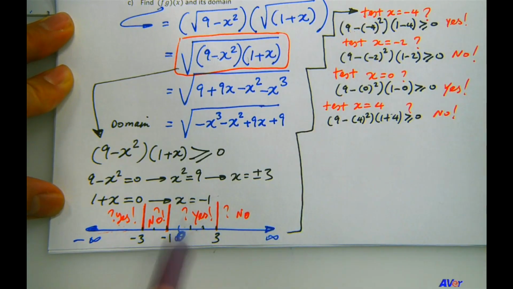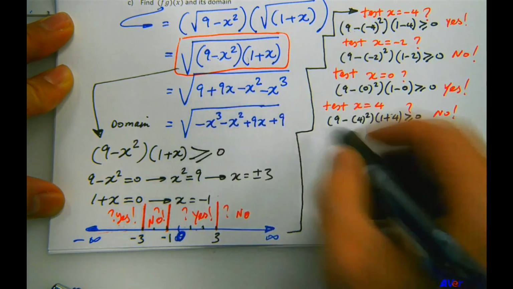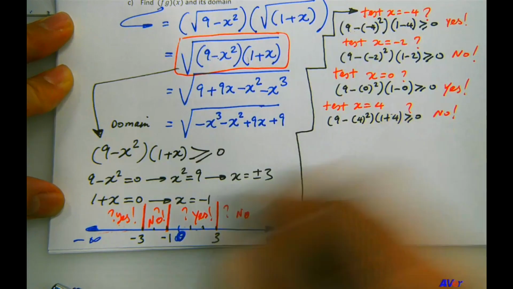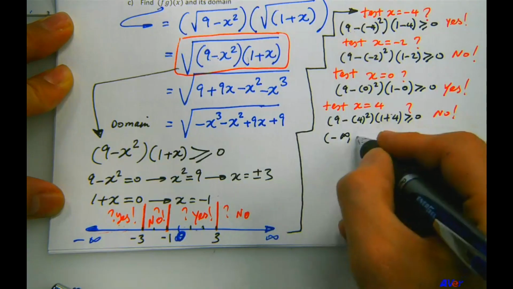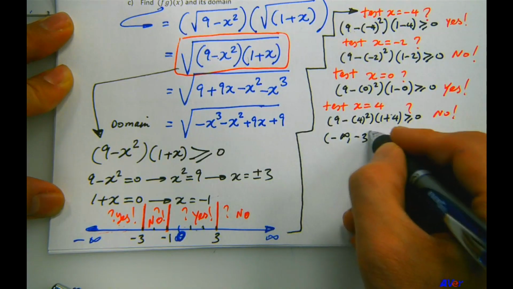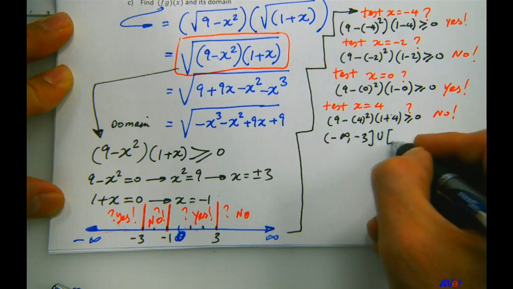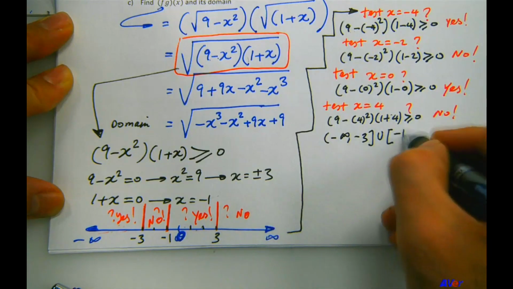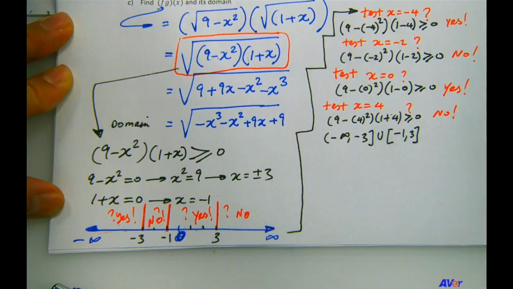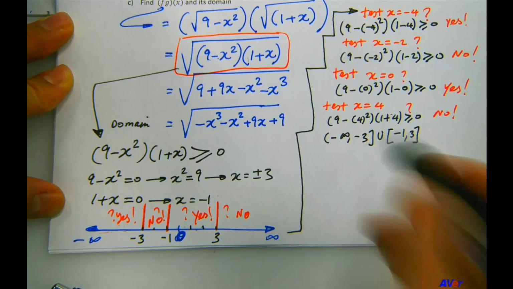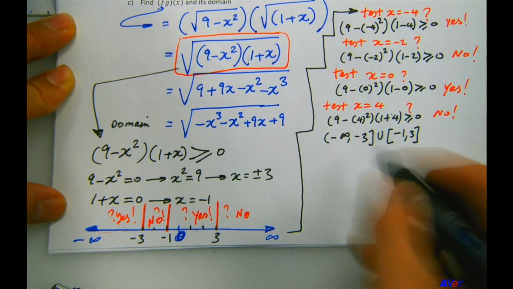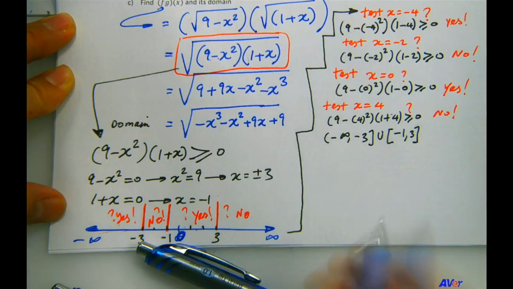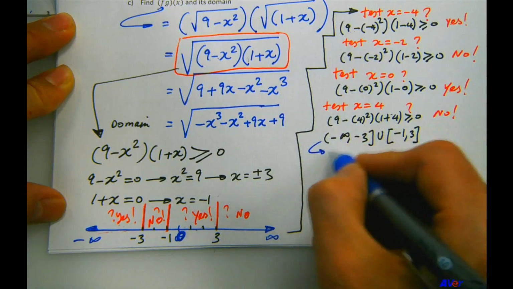So according to this, looking at this graph, the domain of the final combined function is negative infinity to negative 3 bracket, union bracket negative 1 comma 3 bracket. Is this the final domain? Well, it depends on the intersection.